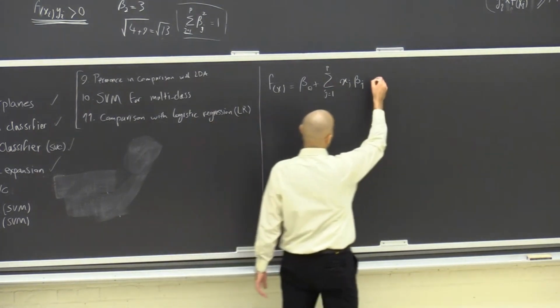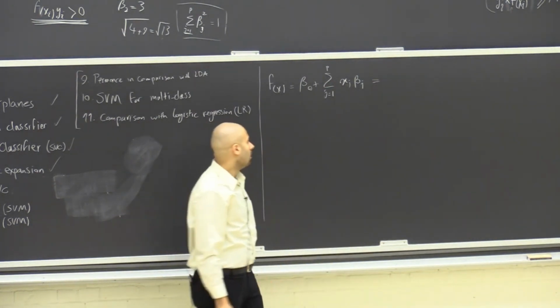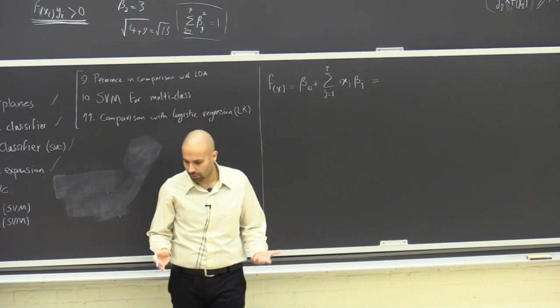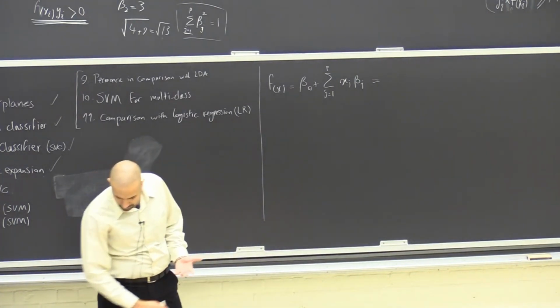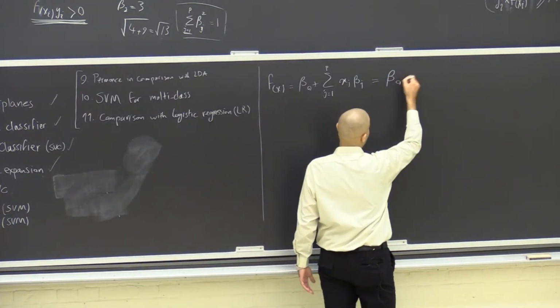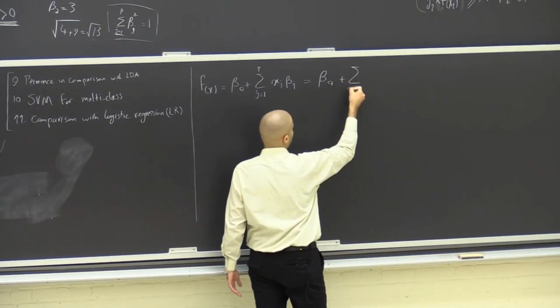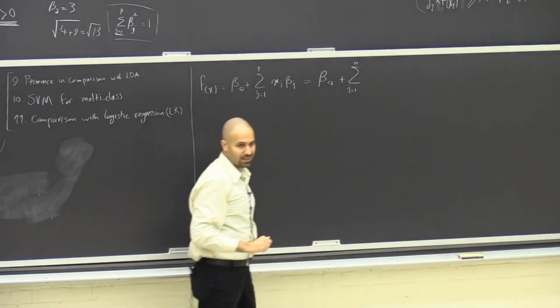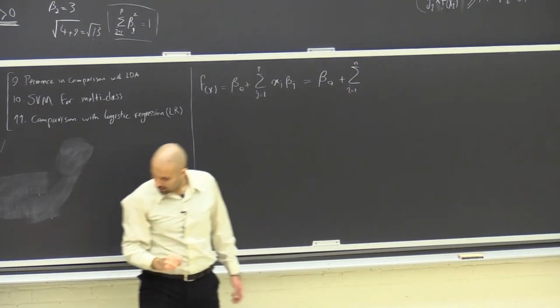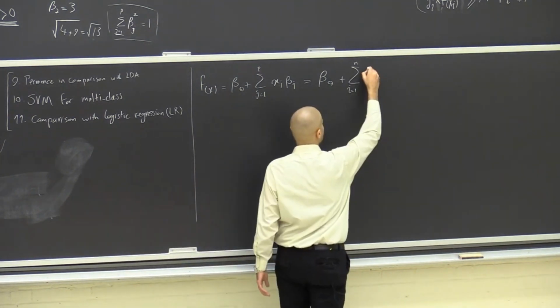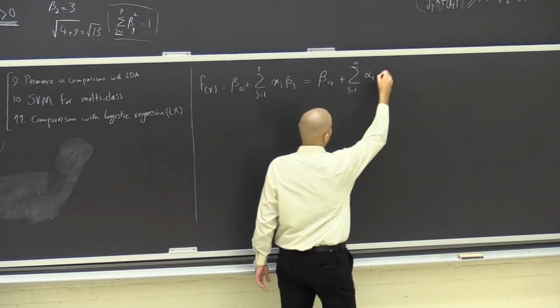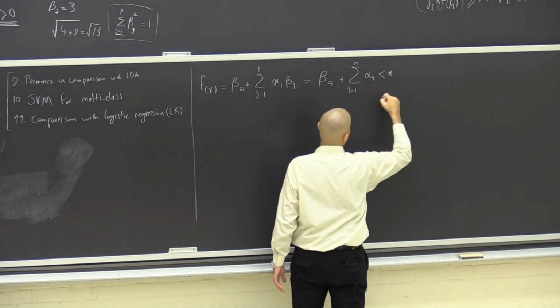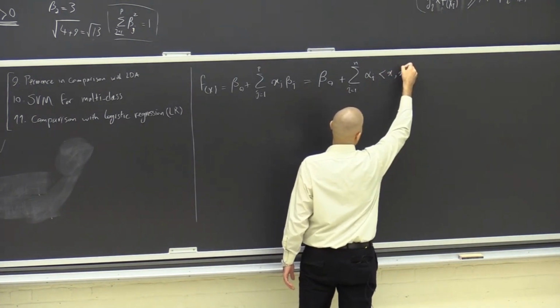There is another representation of the same hyperplane, and that representation involves the inner product. It would be something like this: beta 0 plus another sum. This time the sum is from 1 to n, and we have some weights, alpha sub i, times the inner product of x and x star.